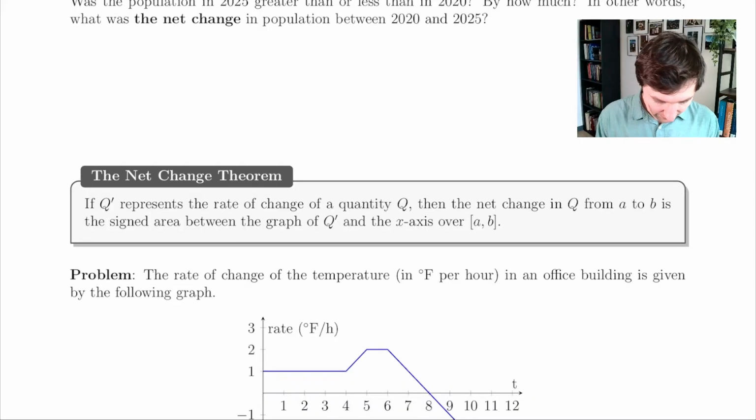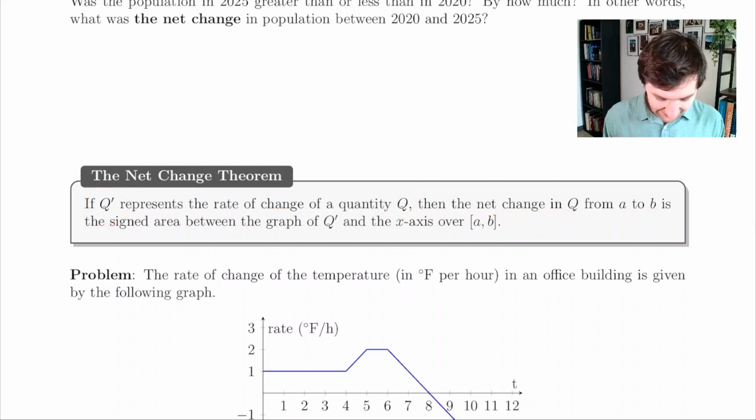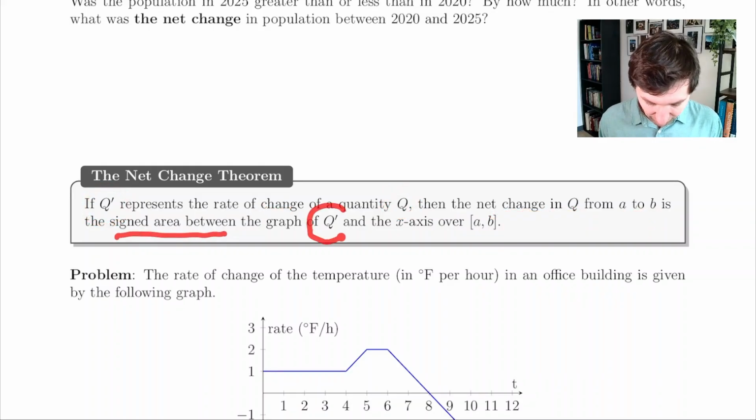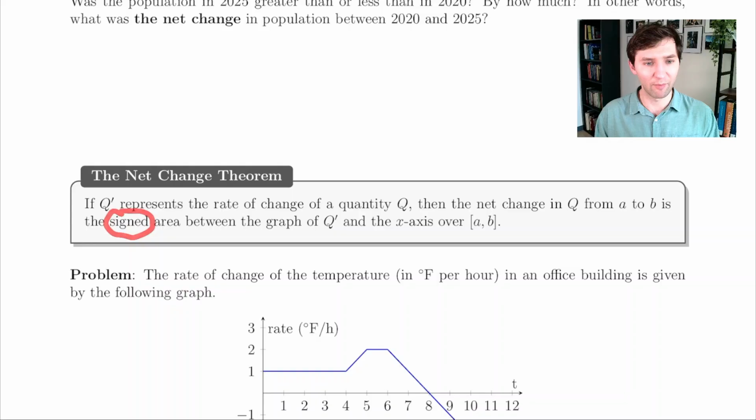If you're given some Q prime, where Q prime represents the rate of change of some quantity, then the net change of Q from A to B is the signed area between the graph of Q prime and the x-axis. And the word signed means it can have a positive sign or negative sign, meaning if it's above the x-axis, it has a positive sign. If it's below the x-axis, it has a negative sign, and we subtract it.